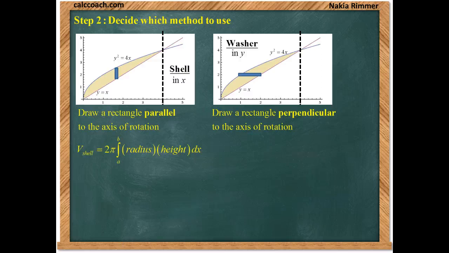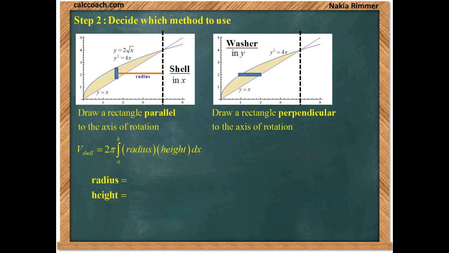Because this is in x, we need to take our equation and solve it for y. So we have a formula that's in x. Using the square root from both sides that we saw before, y is equal to 2 root x.